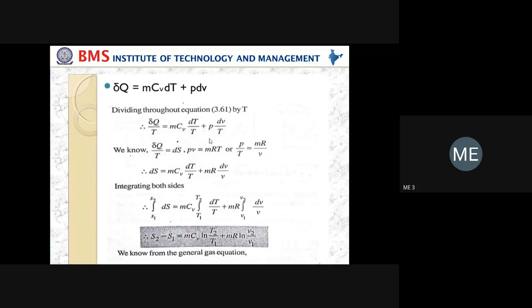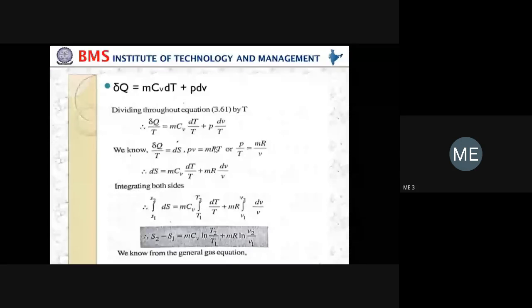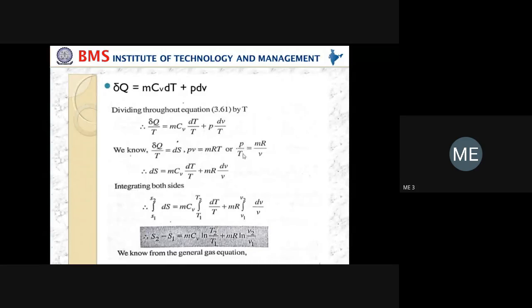You are going to study the ideal gas equation and real gas equation in module 5. Already you studied this ideal gas equation, PV equals mRT, or we can write in this format: P by T equals mR by V. They have the same meaning.